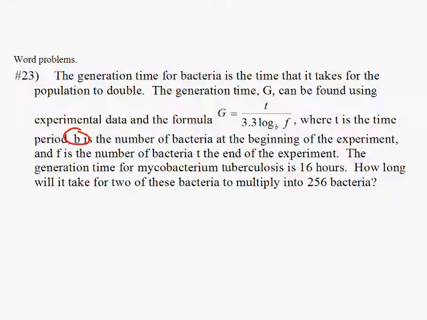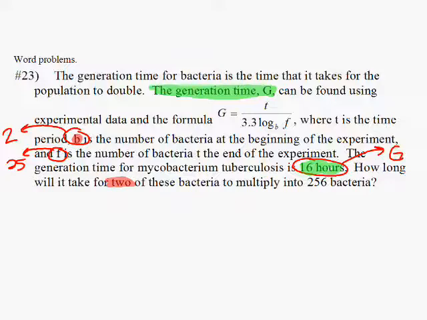B in this problem is bacteria at the beginning, which it shows is 2. 16 is G, the generation time. F is the number of bacteria at the end, which it says is 256.